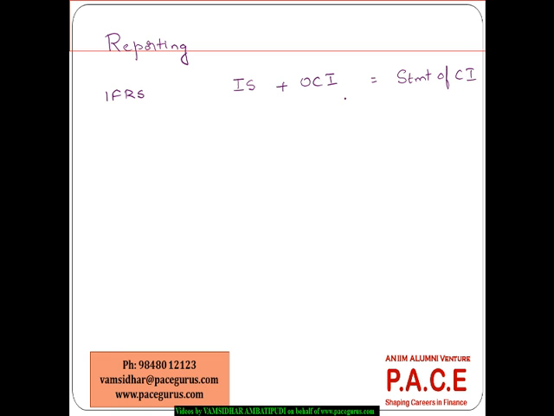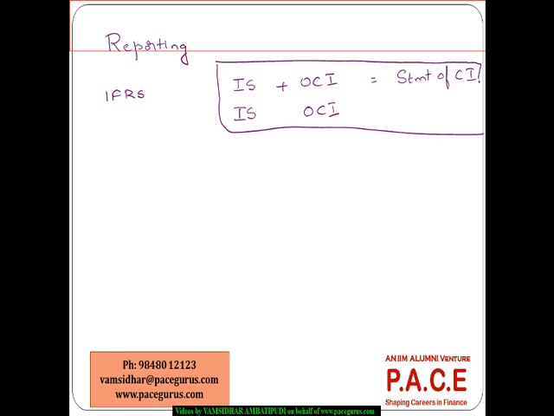Either they can be combined like this, or the income statement can be presented separately and other comprehensive income presented separately. Either of these presentation formats is acceptable, but I need to know which format the company is typically presenting. Even a few other accounting standards like US GAAP go with this kind of presentation mechanism.